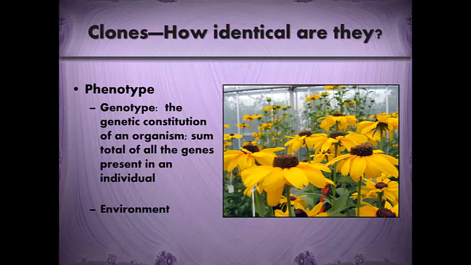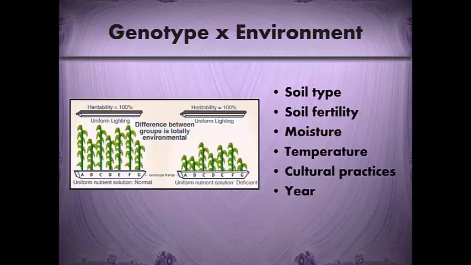In short, this would be the plant's genetic code. Now, the genotype is going to code for certain characteristics in that plant, but there's also interactions with the environment that can cause it to look different. So that's phenotype. So here are some examples of some environmental factors that can affect the appearance of clones or asexually propagated plants.